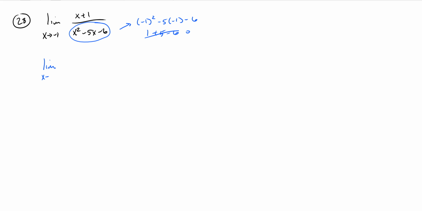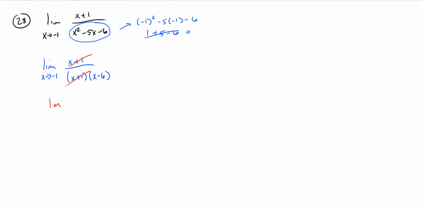So the limit as x approaches negative 1 of x plus 1 over the bottom is going to factor to be x plus 1 times x minus 6, because negative 6 times positive 1 is negative 6, negative 6 plus 1 is negative 5, and once again now we see that those two factors cancel out.